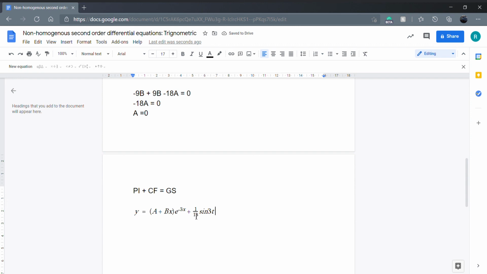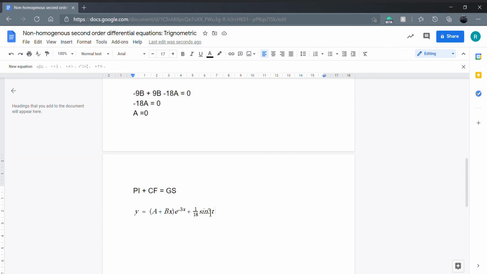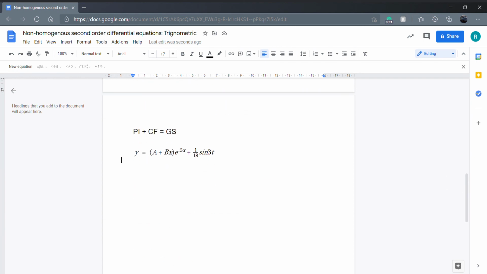We substitute b into the particular integral, 1 over 18 times sine 3t, 0 times cosine 3t is 0, so that's cancelled out. And then we form this equation over here, y equals (a plus bx) times e to the power of negative 3x plus 1 over 18 times sine 3t.